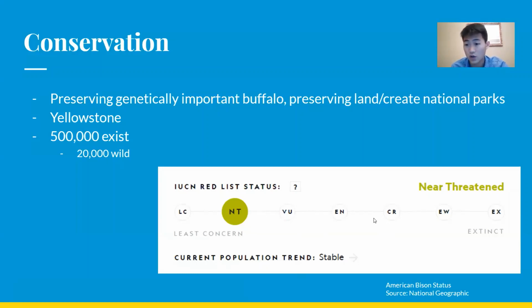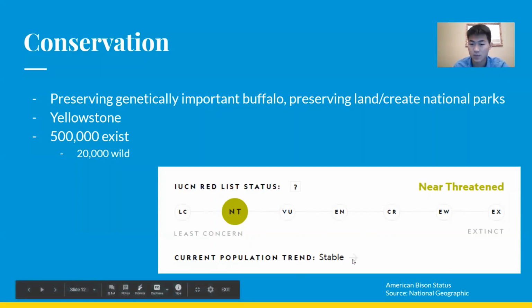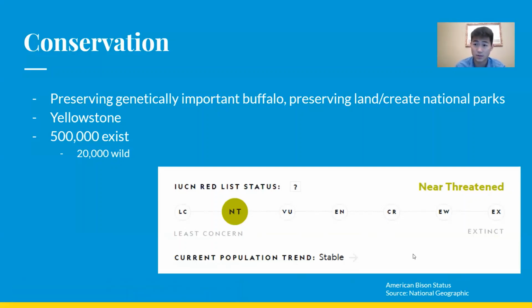So they're no longer severely endangered like they were in the past. And their current population trend is stable, which is good and shows there are some pretty good and impactful conservation efforts going on nowadays. But it doesn't mean that we can become complacent and not protect these animals still.